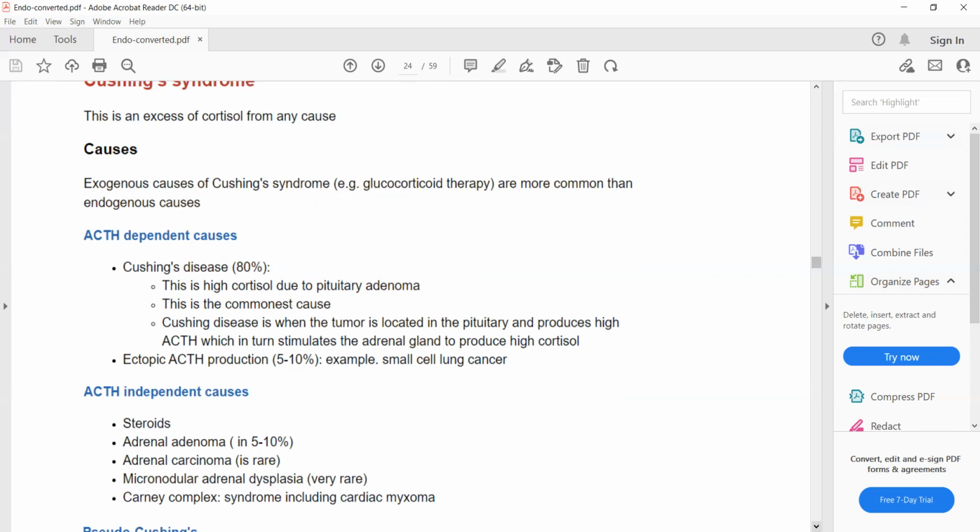Also, if there is adrenal adenoma, adrenal carcinoma, or adrenal hyperplasia, the cells in the adrenal gland start producing excessive cortisol. This excessive cortisol will result in feedback suppression of the ACTH. So ACTH independent causes include steroids, adrenal adenoma, adrenal carcinoma, and adrenal hyperplasia.